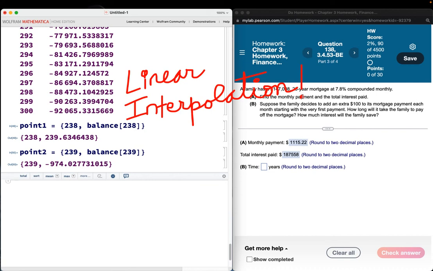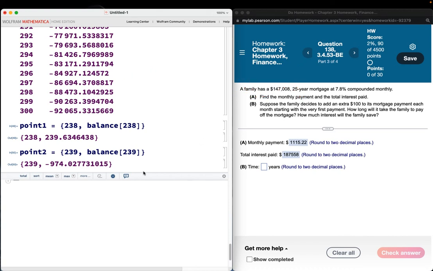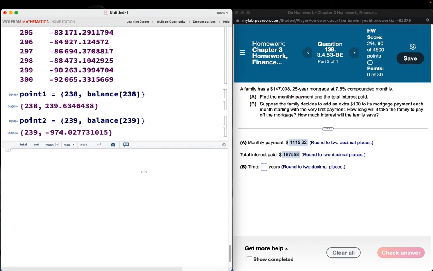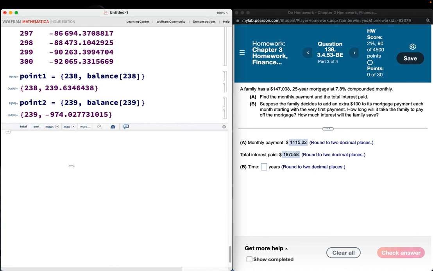So we want to figure out at what value are we going to have $0? It's 238 point something. Let's be more exact, okay?